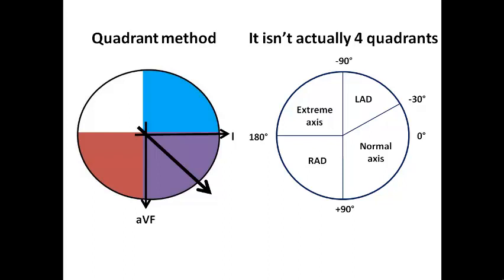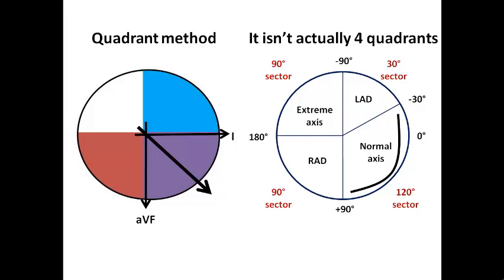But actually we don't have just simply 4 quadrants in order to apply the simplest method, which is the 4-quadrant method. We know that the normal axis is not between 0 to plus 90, it is from minus 30 to plus 90. So this sector, which is represented by 120 degrees, not just 90 degrees, is not literally a quadrant.